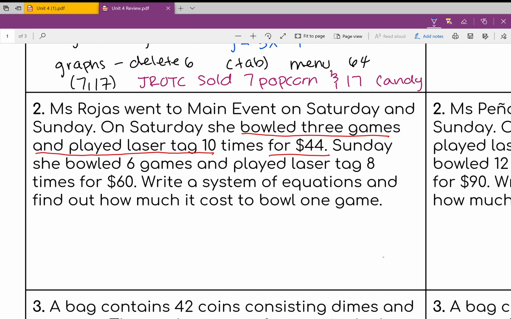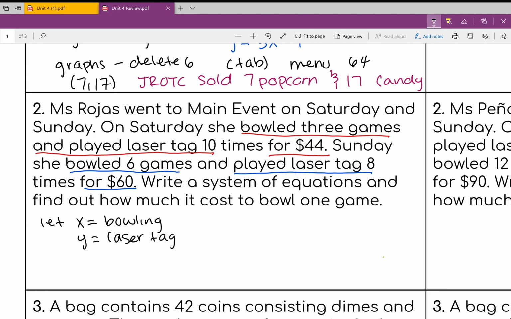Our second equation is going to come from Sunday, where she bowled 6 games and played laser tag 8 times for $60. So before I write my equations, I need to define my variables. I'm going to let x equal bowling and y equal laser tag.